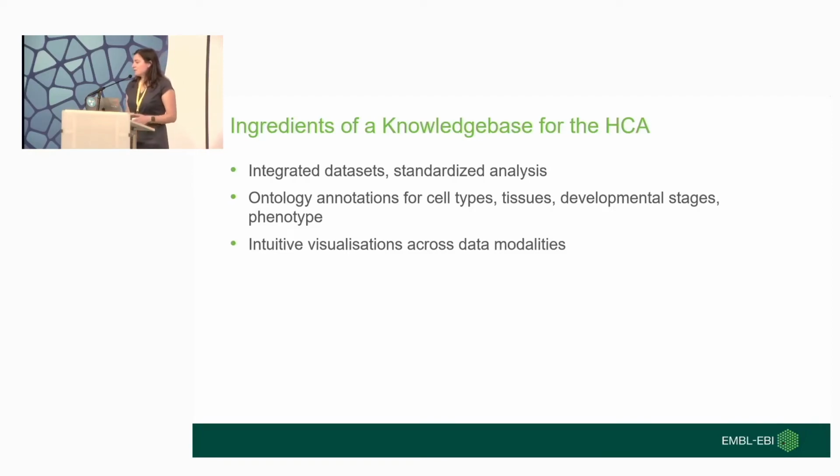The other important issue is the annotation of the cell types. We need to agree on ontologies and terms for the cell types, the tissues, and the different developmental stages as well, as we will have cells in embryos, in pediatric atlases, and also the adult.